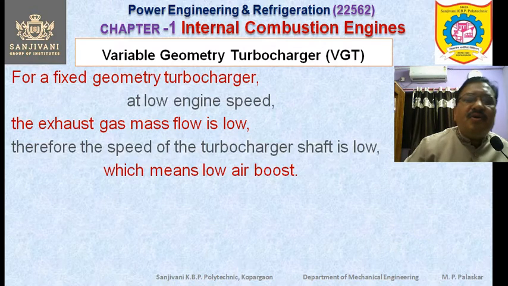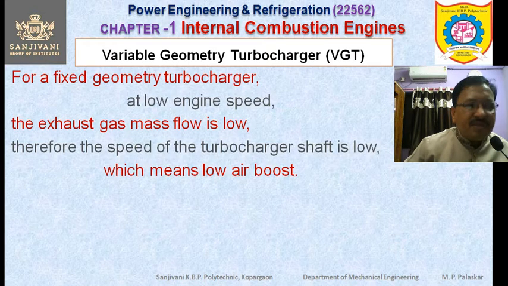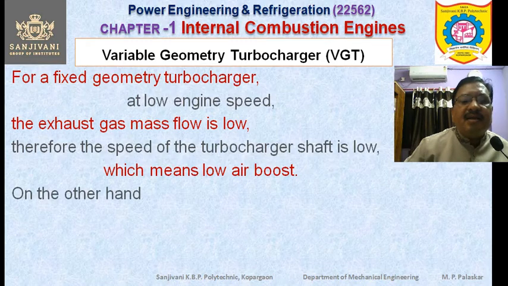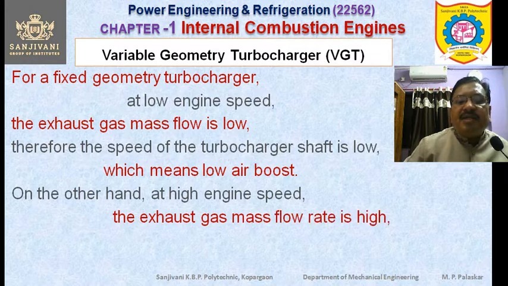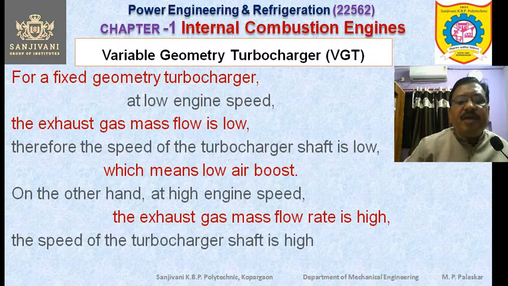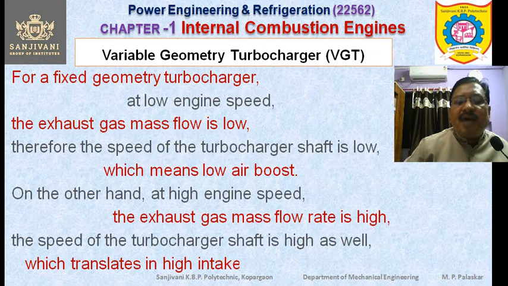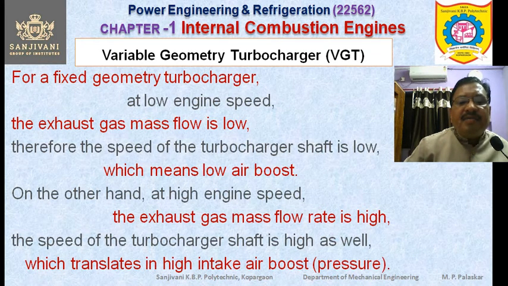So at lower engine speed, more air boost is required, but the turbocharger is providing a lower increase in the pressure. On the other hand, at higher engine speed, the exhaust gas mass flow rate is high, therefore the speed of the turbocharger shaft is also high, which will increase the intake air boost.